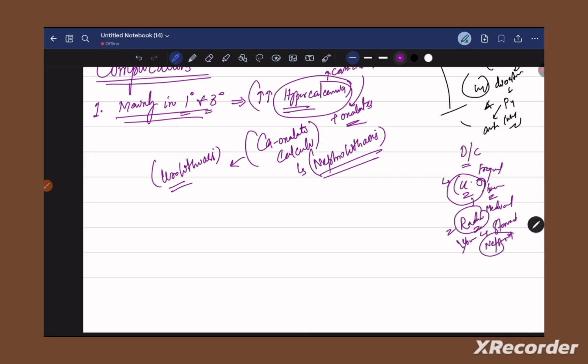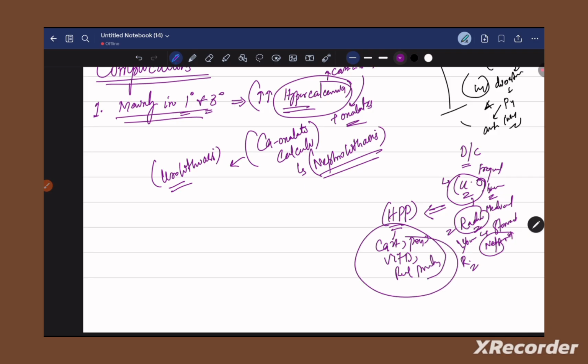These will be recurrent, so when you find such a case with recurrent uroliths in dogs and cats, kindly evaluate it also for hyperparathyroidism. At least get a calcium, phosphate, vitamin D, and renal profile done. This will help you in diagnosing the case. You have to remember this.